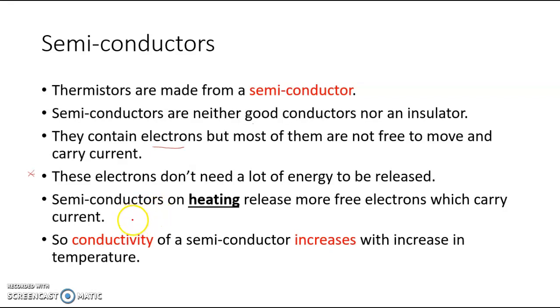So on heating a semiconductor, more free electrons are readily released. Therefore, a semiconductor's conductivity will increase with the increase in temperature. Now, we did say that a thermistor is made up of a semiconductor. So if I say that the thermistor's conductivity increases with temperature, then that would be correct.